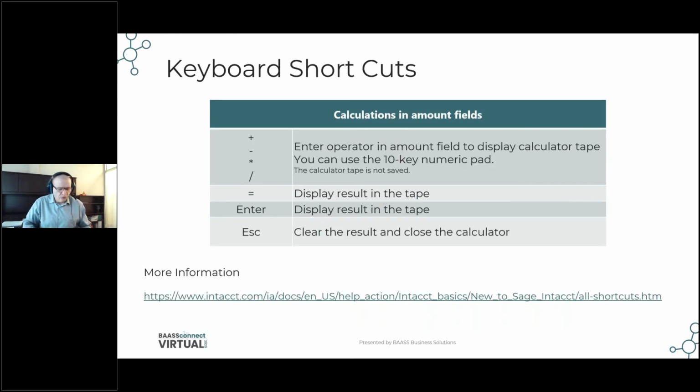Also, if you are on an amount field, if you're keying in a dollar amount and you would like to do a quick calculation, you do have the option of using the built-in calculator in Sage Intacct.